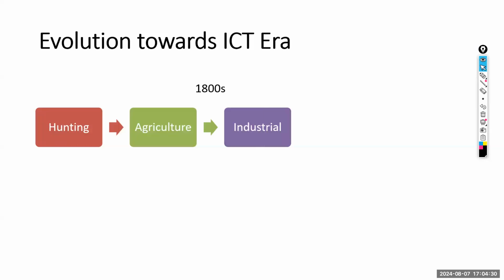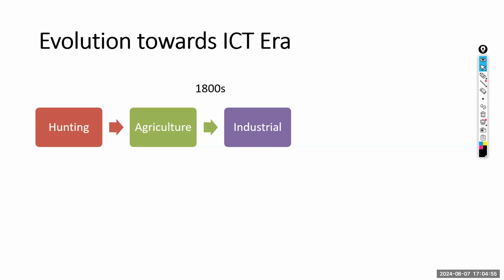Then we moved on to the industrial era, somewhere around the 1800s, about 300, 400 years ago. Science, technology, inventions, machinery, electrical things, electronic things, industrialization.